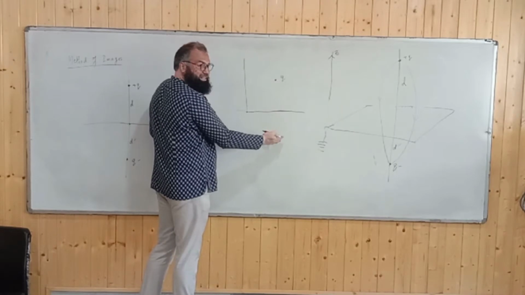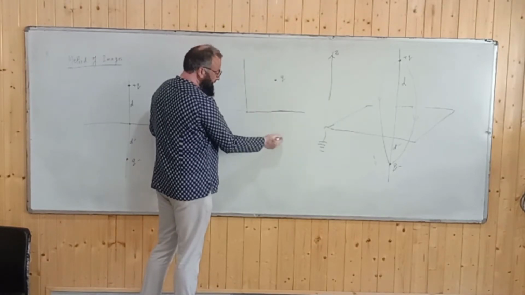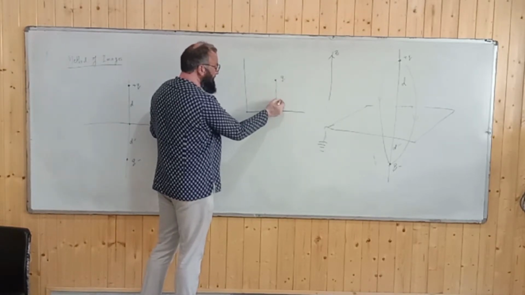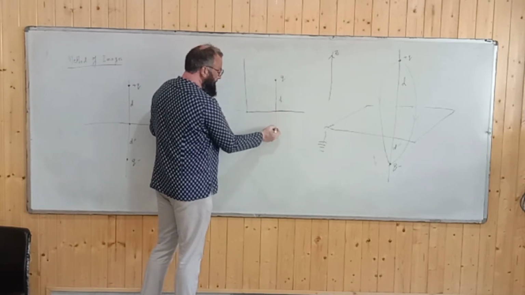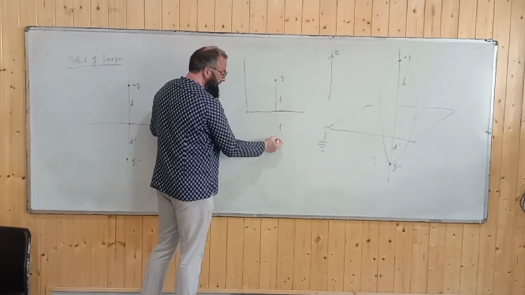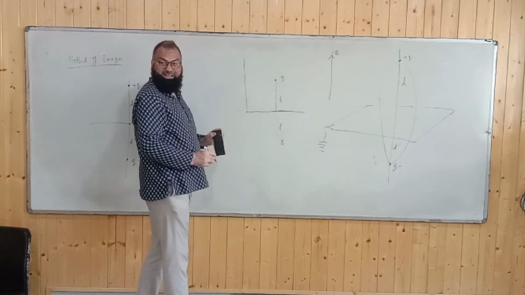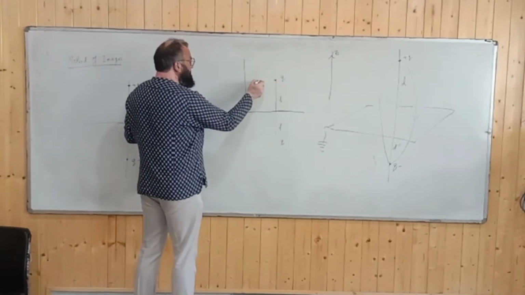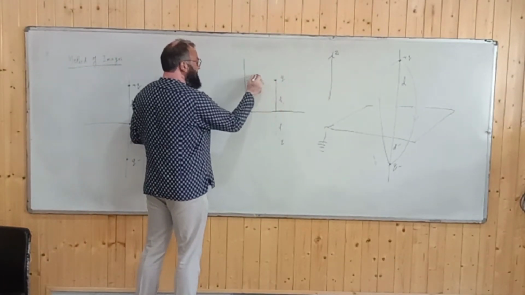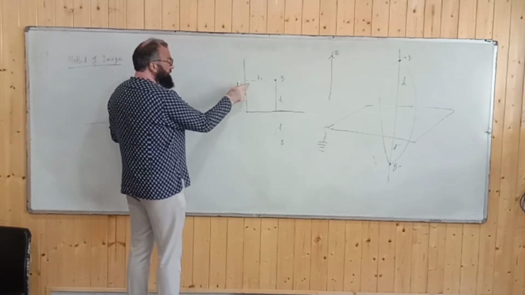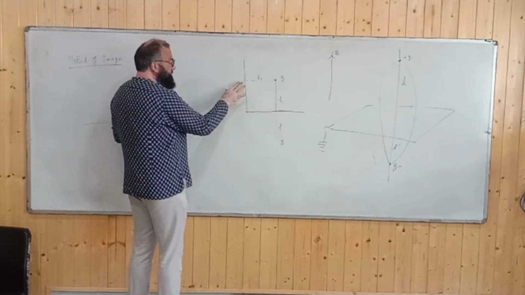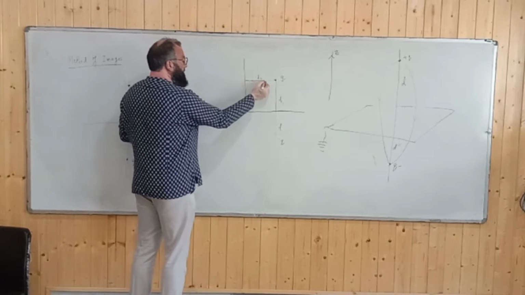Okay, now forget about this very plane. Where will be the image charge? You will put an equal and opposite charge. Let's say if this is distance d, you will put what? At a distance of d again, a negative charge. Clear? Now let's call this d1 and let's take this as d2. Forget about this very plane. What will you do?